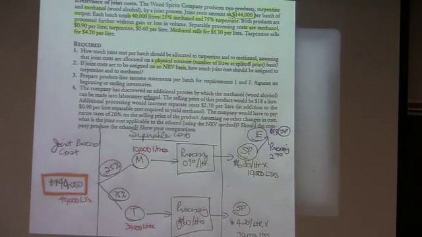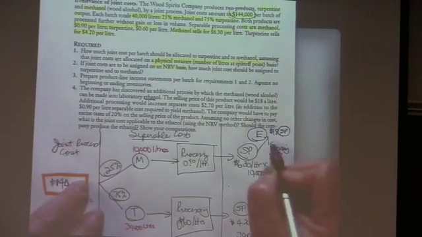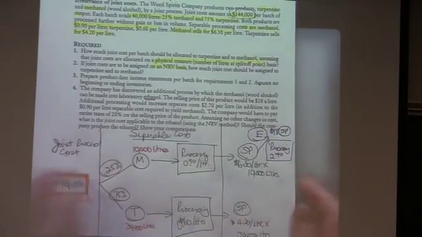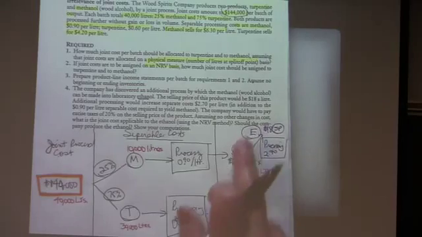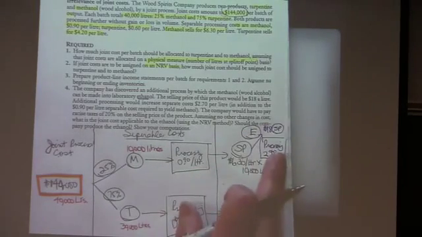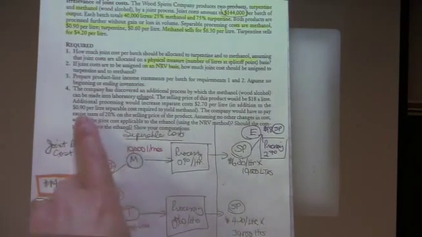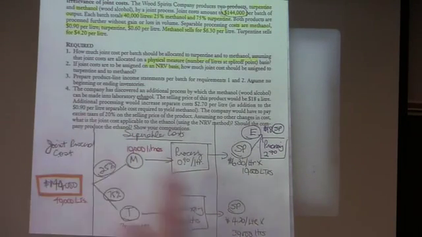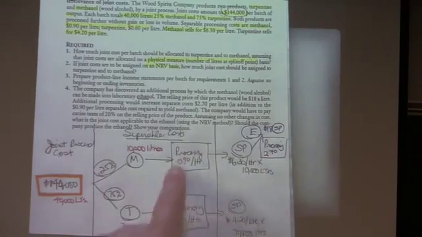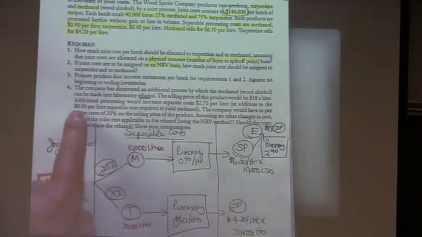So I'm going to put a little box beside that. So to process M further to create ethanol, there's processing cost of $2.70 in addition to the 90 cents. So in addition to the 90 cents, there's an additional $2.70.